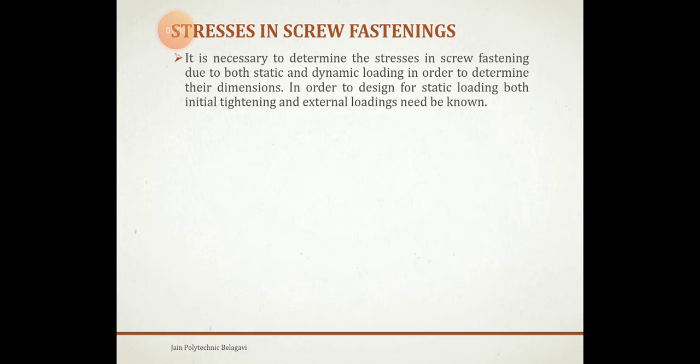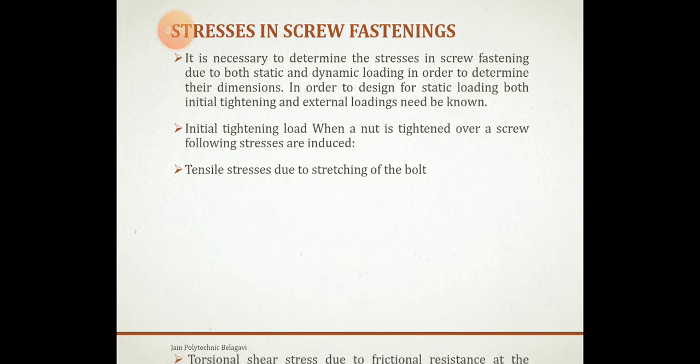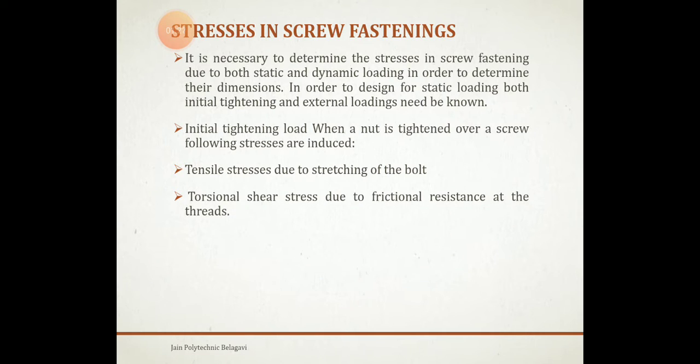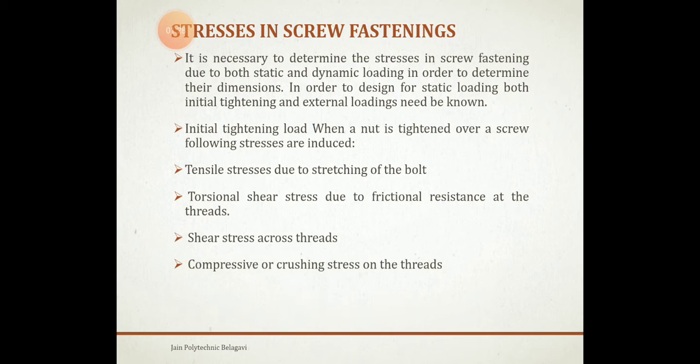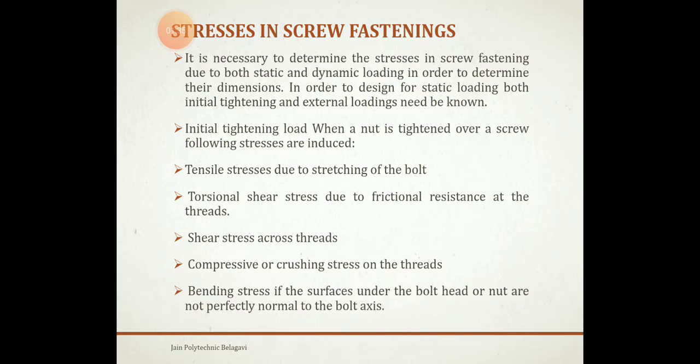First is initial tightening: the stresses due to the initial tightening or the screwing forces. Next, the tensile stresses due to the stretching of the bolt. Then there are torsional shear stresses, then shear stresses across the head, then compressive or crushing stresses, and finally bending stresses.